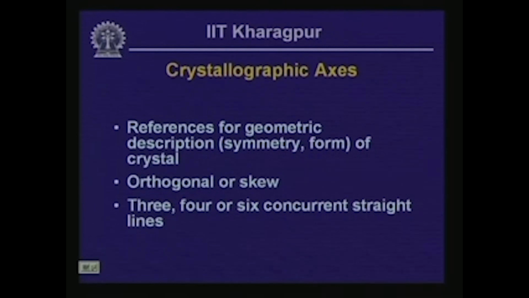That is not to say that crystallographic axes will always be identical to axes of symmetry. Crystallographic axes could be orthogonal or skew. They do not have to be at 90 degrees to each other, they can be at some other angle, and there could be 3, 4 or 6 concurrent straight lines that form a set of crystallographic axes.